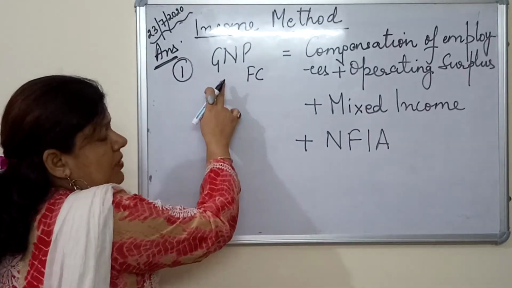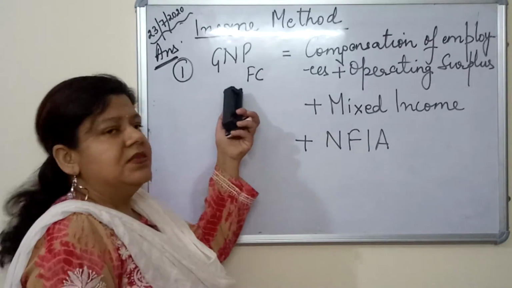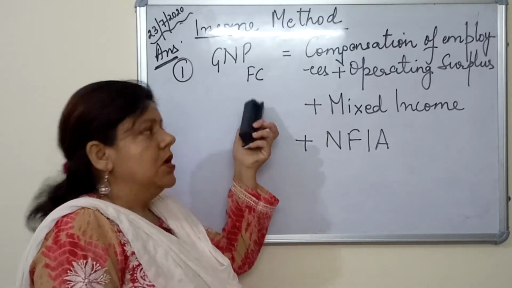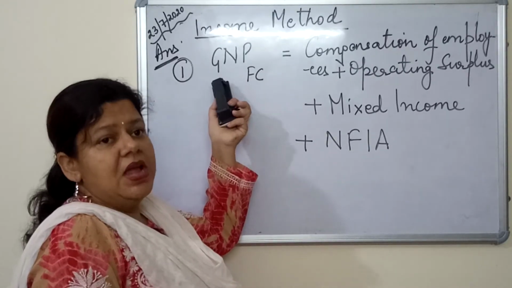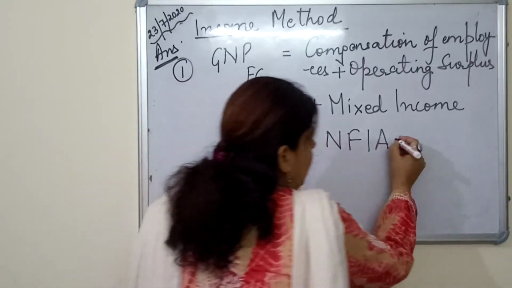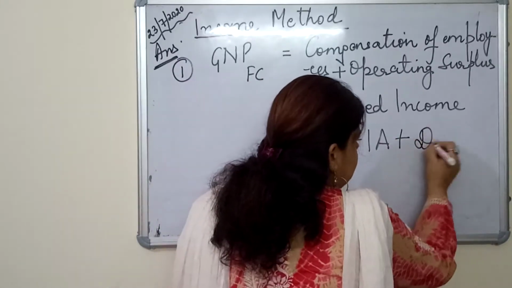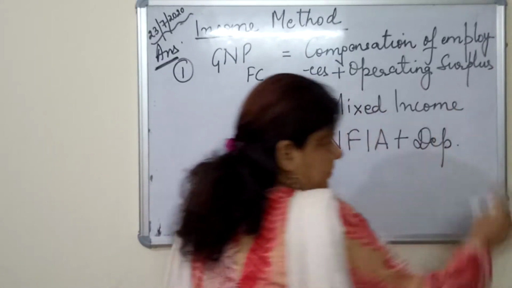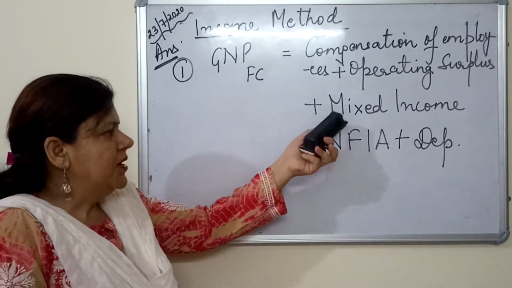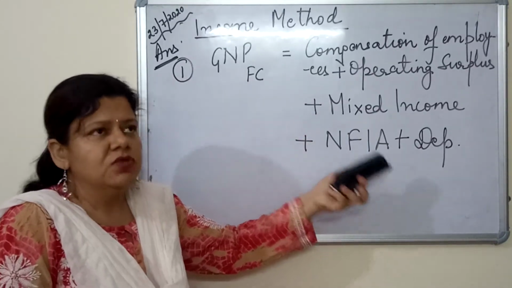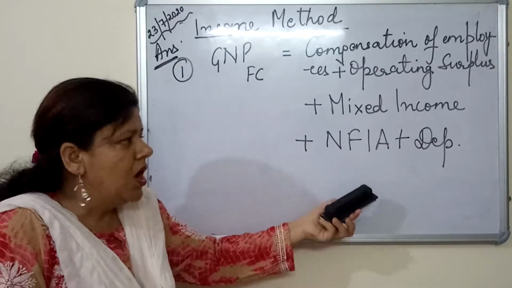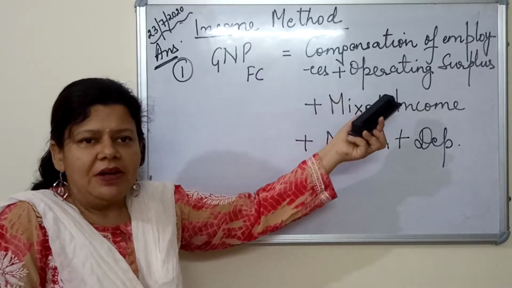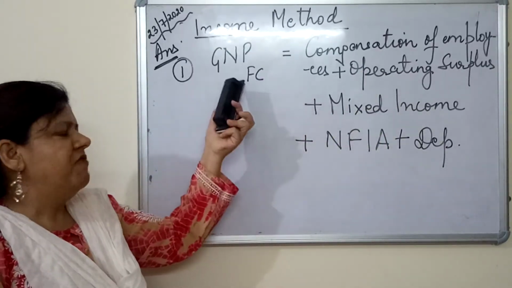National income is always net, but here we have to find it in gross, so we add the depreciation also. Why are we not taking indirect taxes while calculating by the income method? Because when we are counting factor services, it is already at factor cost.